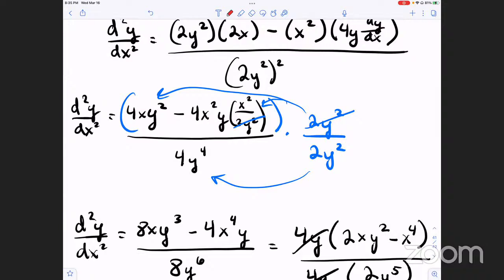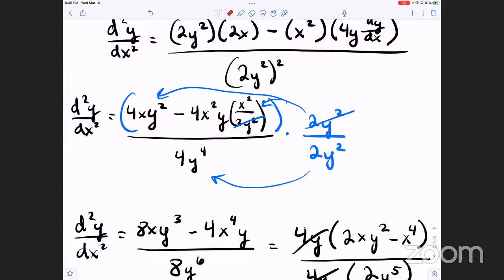So then to get rid of that fraction, we multiply by the least common denominator of our fractions, right? So 2y squared. When you distribute that 2y squared, those guys cancel. And then over there, you get 4 times 2 is 8y to the third, 8xy to the third. Okay, that looks good.